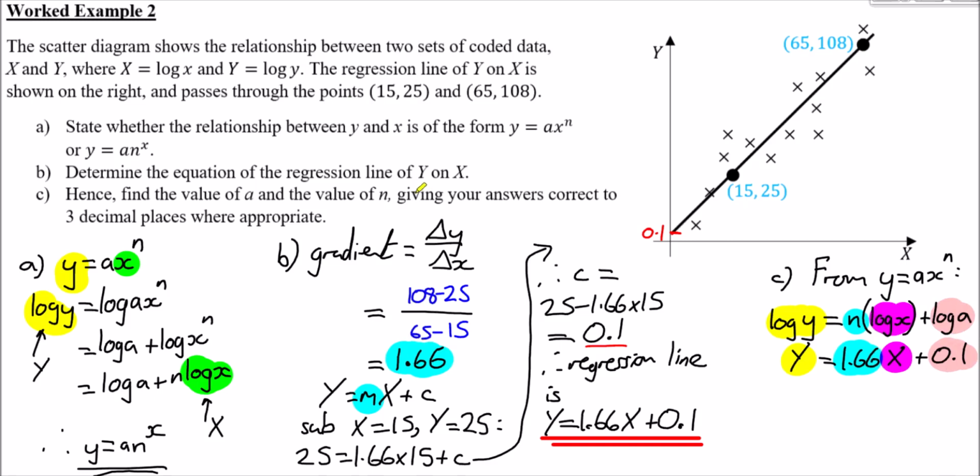So we're told n, essentially n is just 1.66. We don't need to give this to 3 decimal places because we know exactly it's 1.66. So therefore n equals 1.66, that's the easiest one to find. And log of a is 0.1.